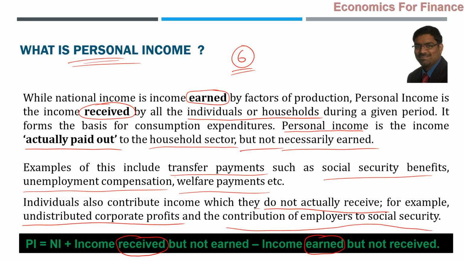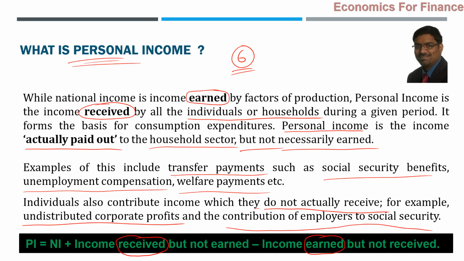Ultimately, people have to spend. People have to buy goods and services. That is the economy. And that will be decided upon how much personal income is there with the people. People means individuals and households we are talking about. A lot of money may be lying in the corporates. It doesn't matter. That is not going to directly affect the consumption of the people in the country.